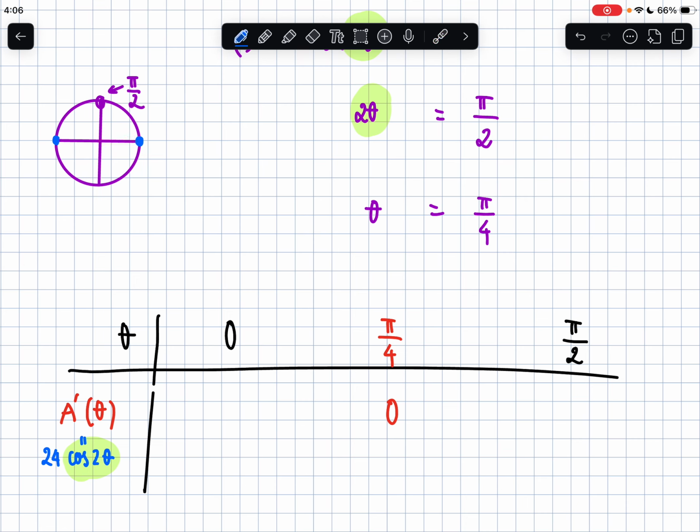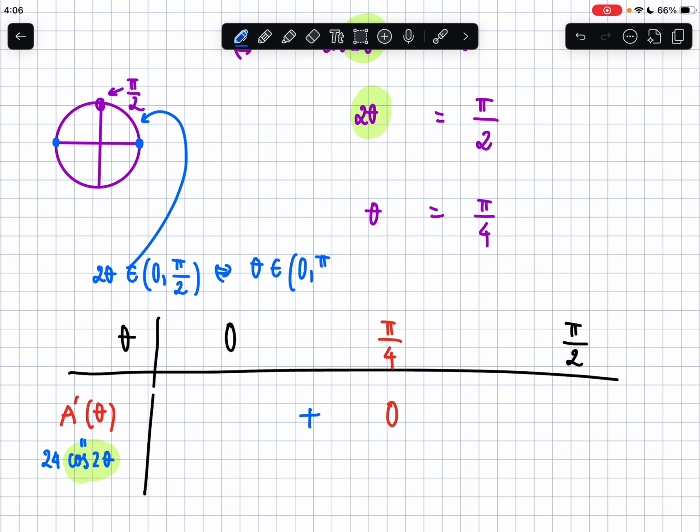So positive here, which means that when theta is between 0 and pi over 4, it's positive here, and negative on the other side.